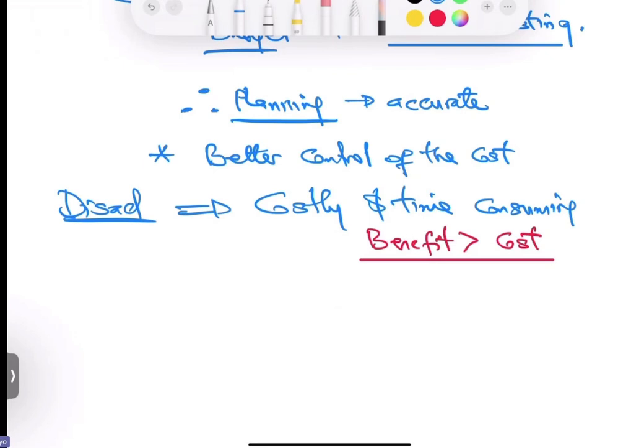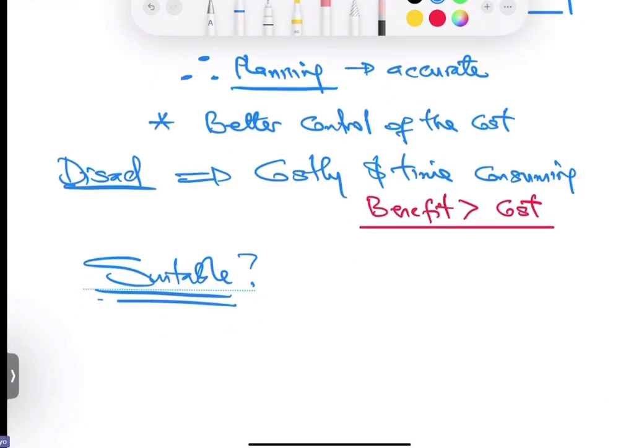And where is this suitable? Exactly what we talked about when we did ABC. And quickly, where are those situations where ABC is considered relevant?